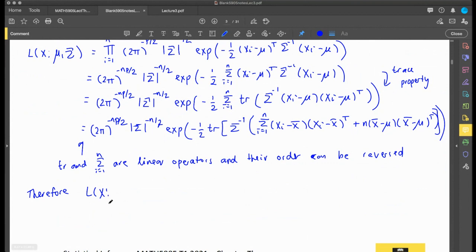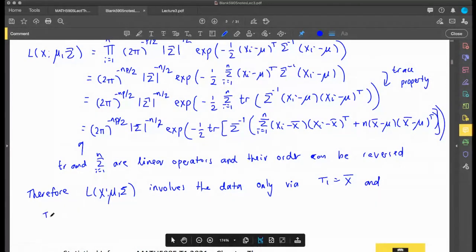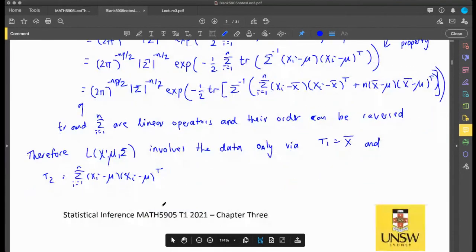Okay, so again, my likelihood, which depends on these two parameters, involves the data only via the statistic T1, which I'm just going to call x bar, and the statistic T2, which is the sum from i equals 1 to n of xi minus x bar times xi minus x bar transpose.